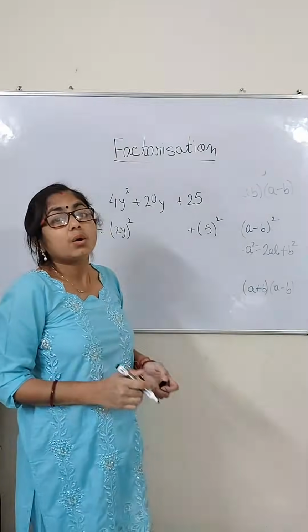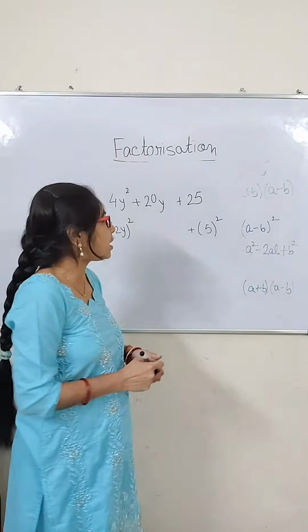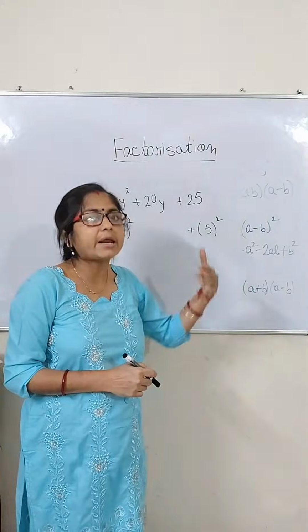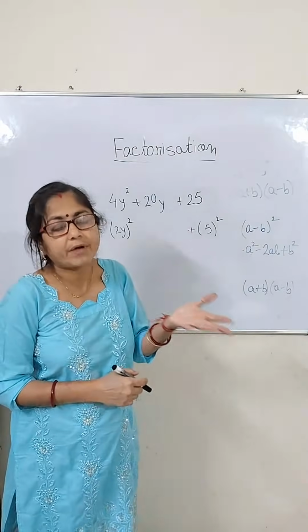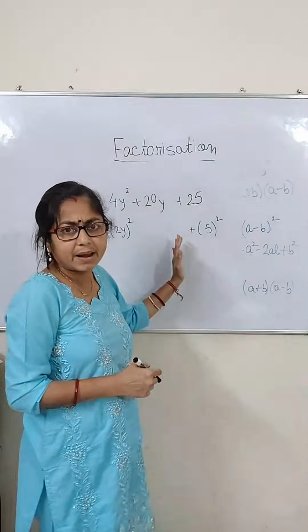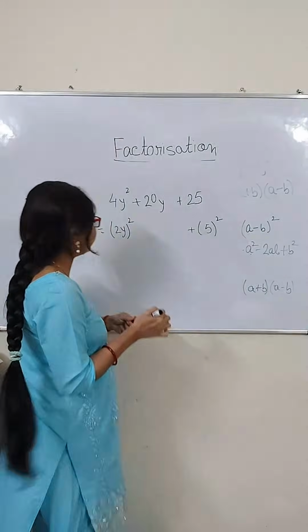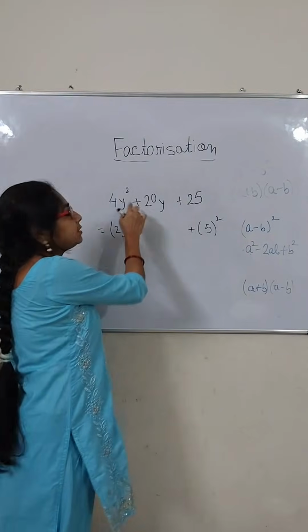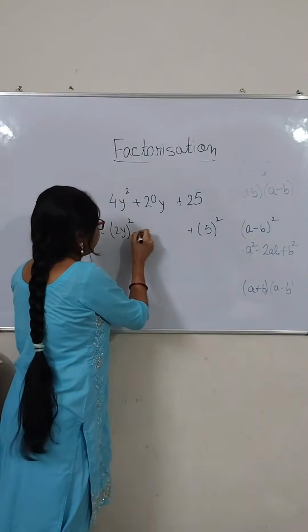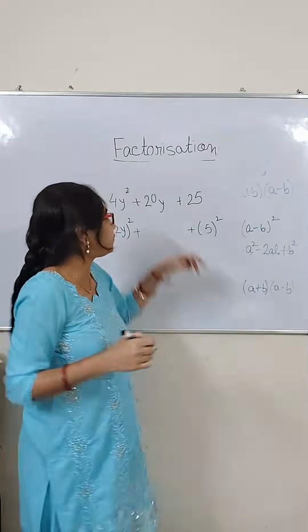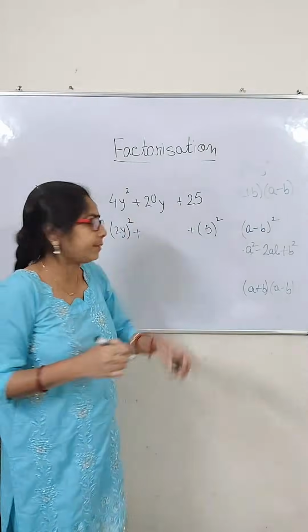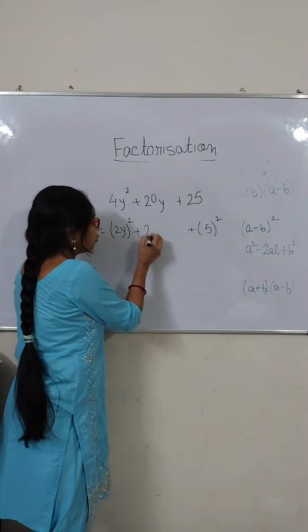Clear? Why am I telling this? If you find out a square and b square, meaning a and b, then you just apply the formula and you can recheck it. There is a plus formula, so I write plus. Then what's the formula? 2ab, so I write 2.